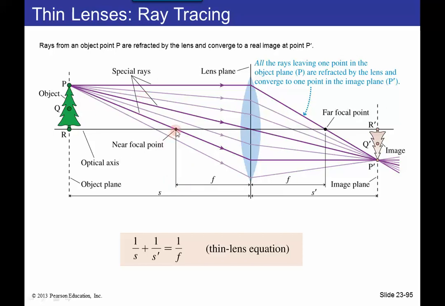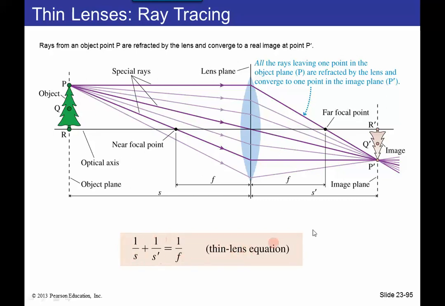So this is the focal point here, and this is also the distance to the focal point. You have those two distances here. This S prime is the distance to the image, and S is the distance to the object. What we know is that these numbers S, F, and S prime are related by this equation here, and this is called the thin lens equation.